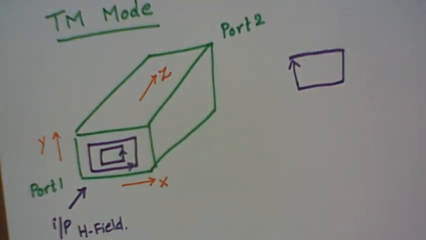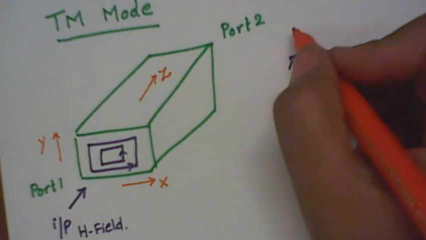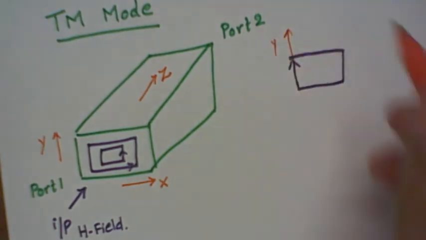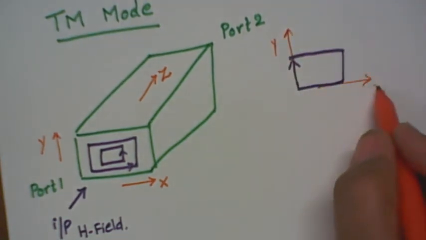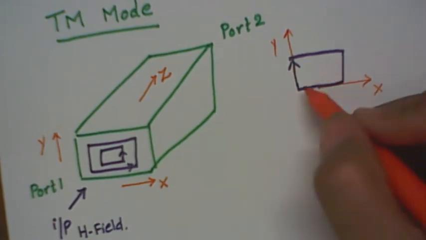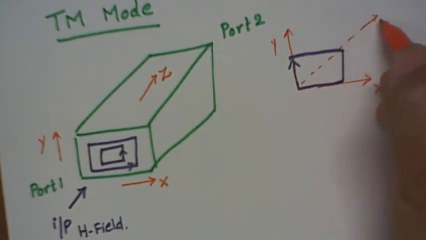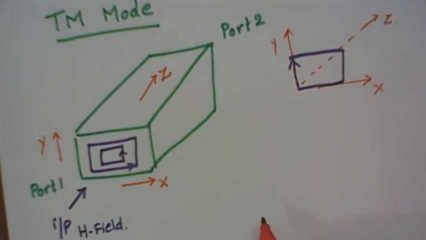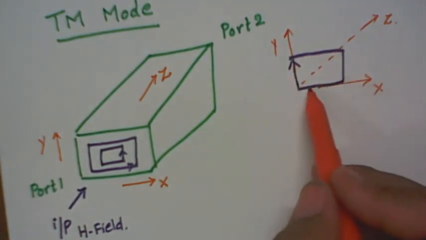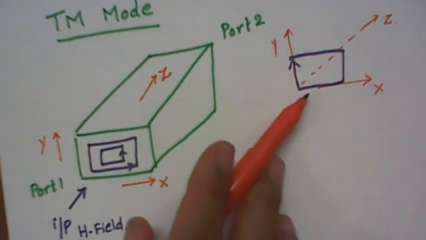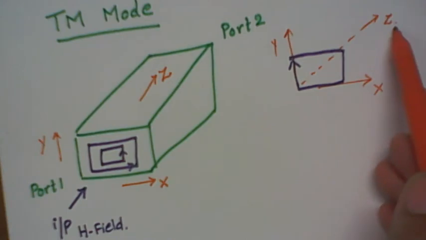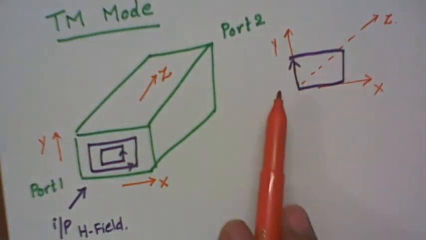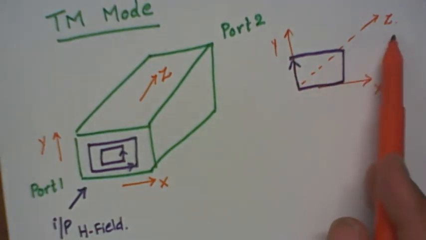So this magnetic field is moving towards y direction, it is moving towards x direction, and it is propagating towards the direction of propagation. That means in both cases, if the magnetic field is moving in this direction, it is perpendicular to the direction of propagation, and if it is moving in this direction, then also it is perpendicular to the direction of propagation.